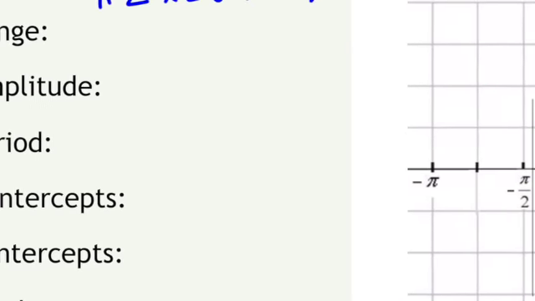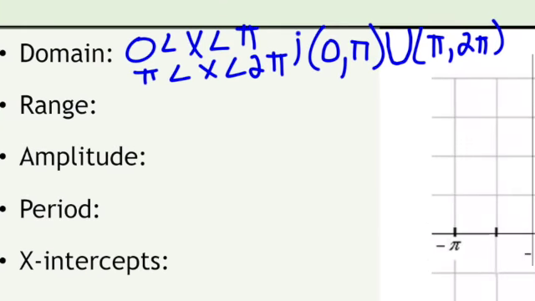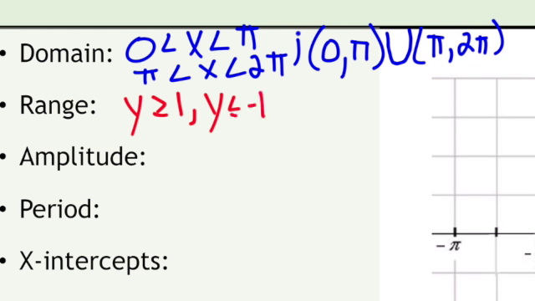So then your range here is going to be all of the y values that are greater than or equal to 1, and y is less than or equal to -1.